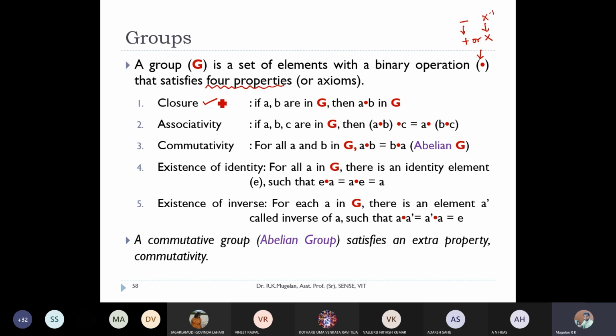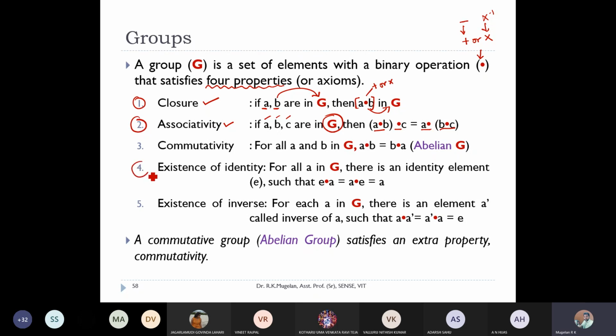The first one is the closure property: if you have elements A and B which belong to the group G, then A dot B, where the dot can be either addition or multiplication, gives a resultant value that is also an element of the set G. Then we have associativity: if you have 3 elements A, B, and C in the group G, then (A dot B) dot C equals A dot (B dot C). As I said, the dot is nothing but a binary operation. These 2 properties are compulsory.